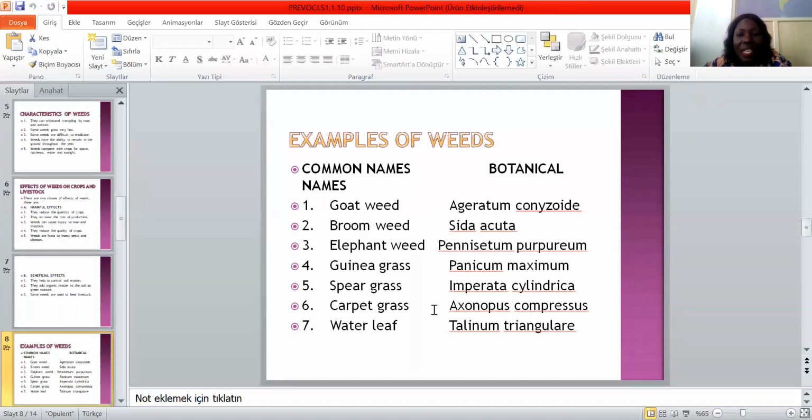Number seven, water leaf. This is beneficial to both livestock and man. Water leaf is a vegetable that we eat. They call it, Yoruba call it gure. We have it growing over the soil surface once it is rainy season. The botanical name is Talinum triangulare.